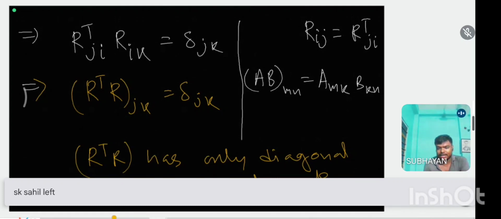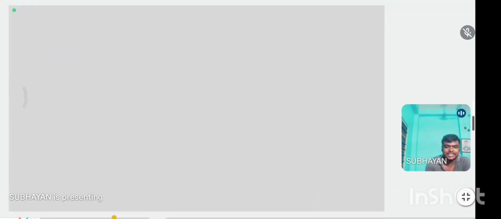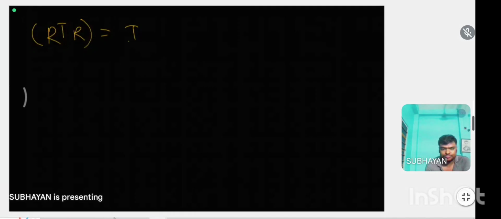So R transpose R has diagonal elements 1, and off-diagonal elements will be 0. So as you are writing in 3 cross 3 dimension, R transpose R is equal to I3.